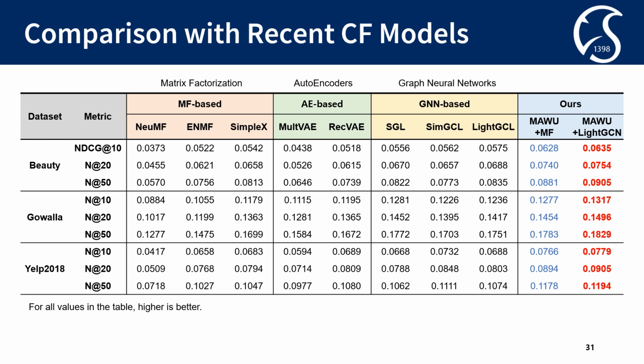This indicates that the proposed loss function MAU leads to better performance, even when used with simple backbone models, such as MF and LightGCN. Additionally, we found that GNN-based models have better performance than MF-based and AE-based models. This is because GNN-based models utilize high-order relationships from a user item bipartite graph.